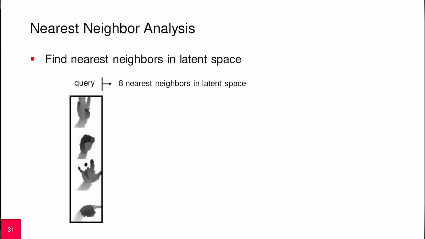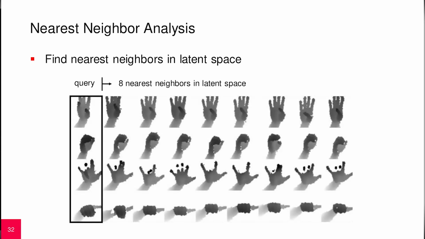What is often done is to find nearest neighbors in the latent space. If we look at the latent space for some query examples and search for the nearest neighbors, what we find are samples which appear quite close in terms of the pose. They're not exactly the same, but they're quite close.